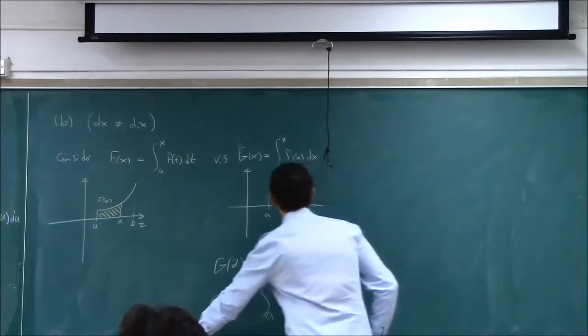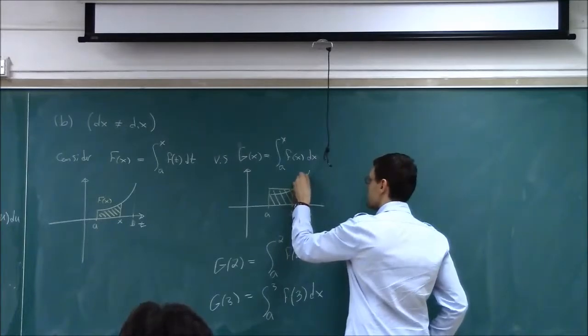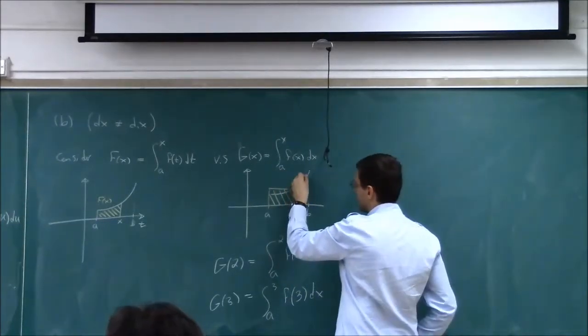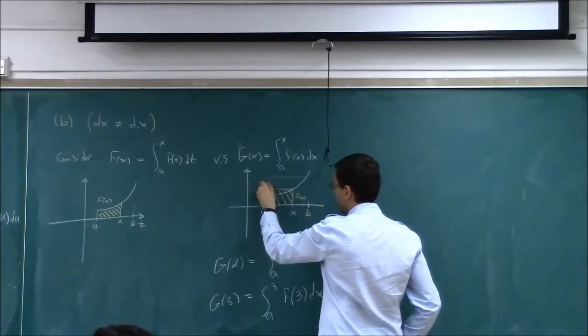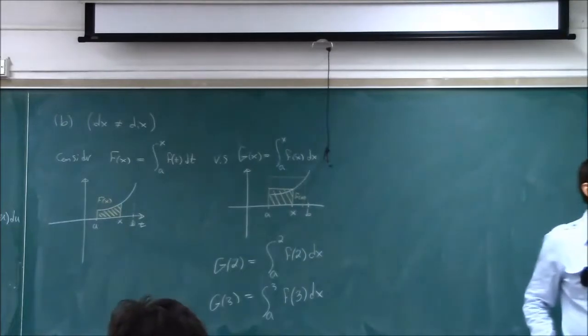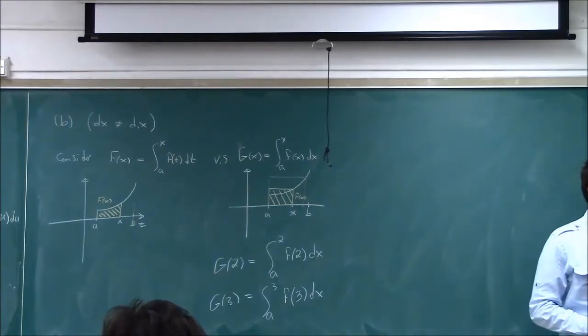If I selected a different x, let's say this value, the area that this expresses just by the mechanism of it would be that area. So it's not expressing the area underneath the curve. It's always expressing an area of a rectangle. One of the sides of this rectangle is f of x.